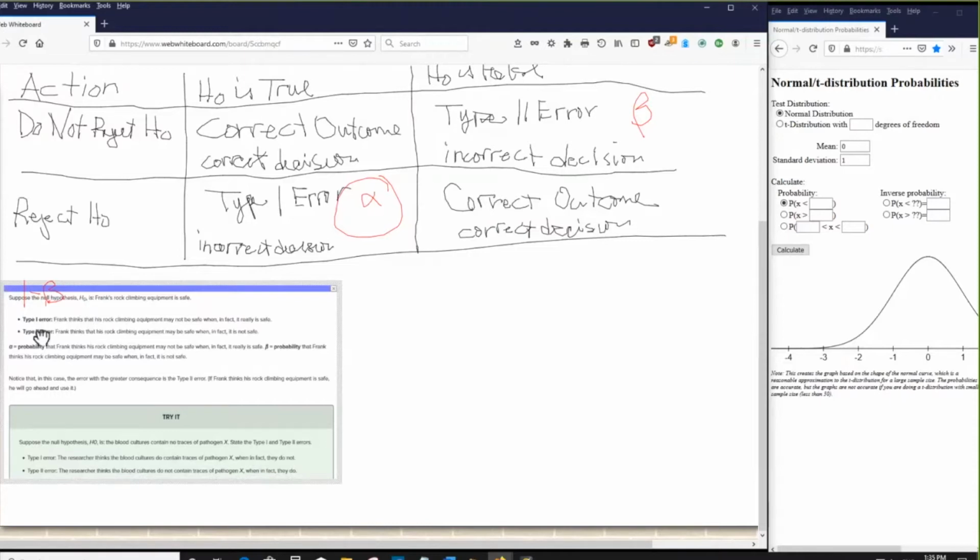That would give us a type 1 error if we reject the null hypothesis, that Frank thinks that his rock climbing equipment may not be safe when in fact it really is safe. And the type 2 error is when we do not reject the null hypothesis, even though the null hypothesis is false. And that would be that Frank thinks his rock climbing equipment may be safe when in fact it is not safe.